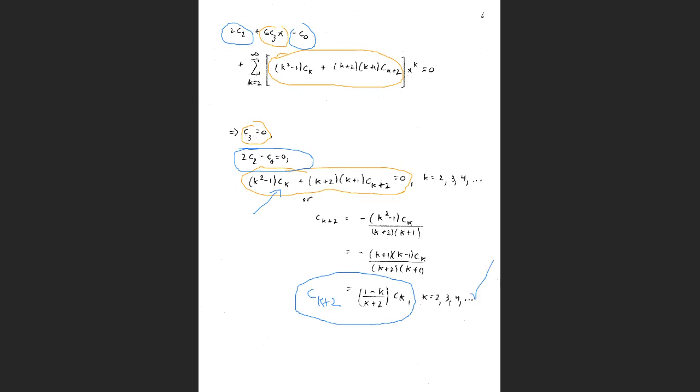And so now we know something about our coefficients, but what we have to do now, of course, is, again, the problem said find two power series solutions to the differential equation. So basically, this is what we're working with.